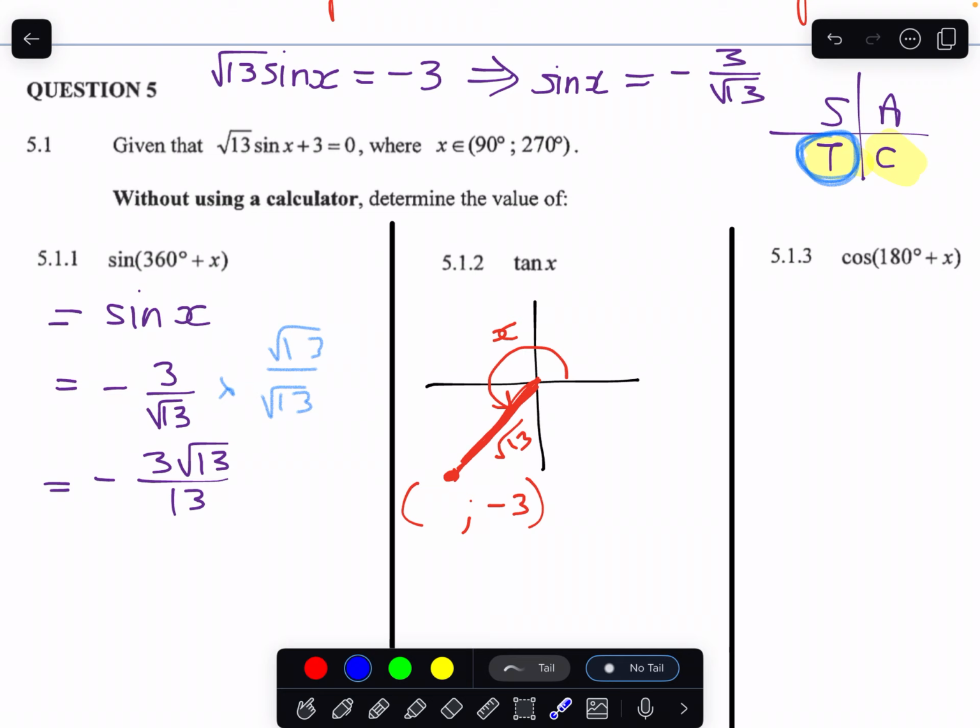So right, we want to find the x coordinate so that we can find tan of this angle, because tan is given by the y coordinate divided by the x coordinate. So to do that, we're going to use Pythagoras.